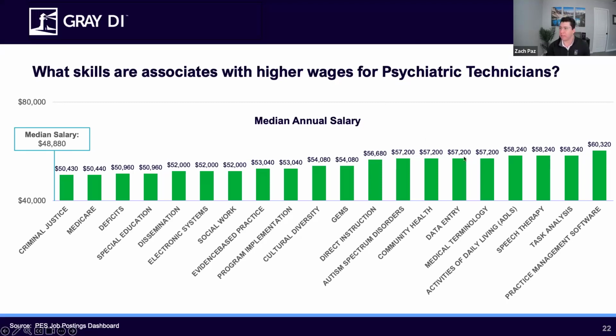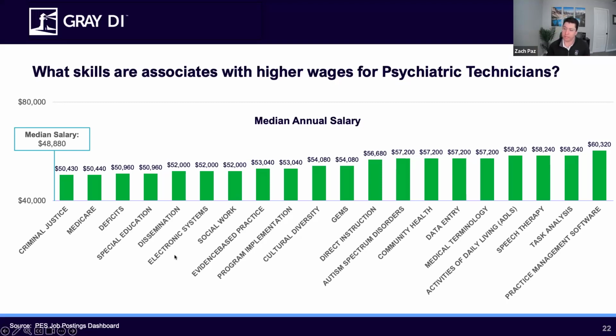So if you have a psychiatric technicians program, I would hope that you would also have some practice management software as part of the curriculum, because that's one of the leading skills that leads to occupations that have a higher wage potential. You can see some of the other skills here, and what's driving up that wage potential. So again, look in your local market, see who's posting for these particular jobs, and how that aligns with your program.